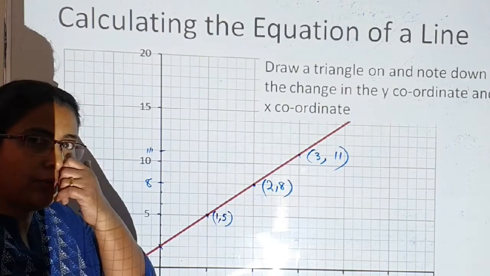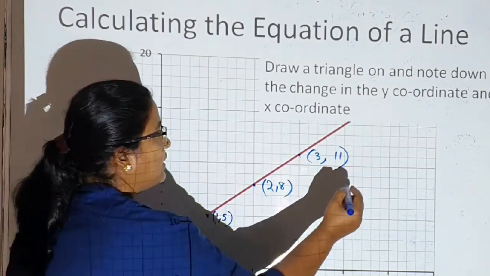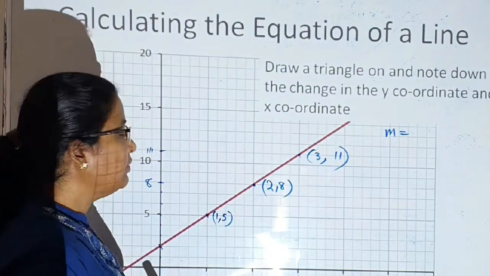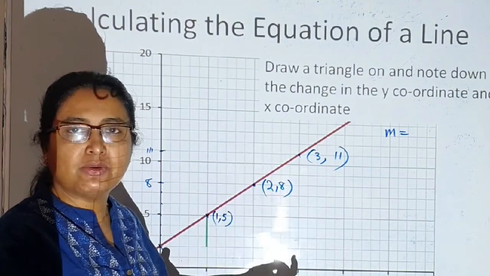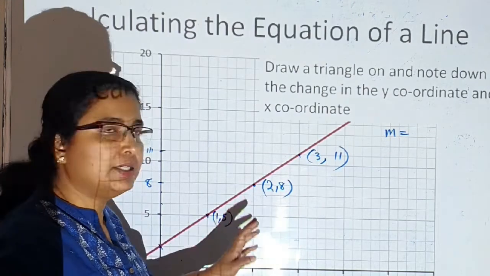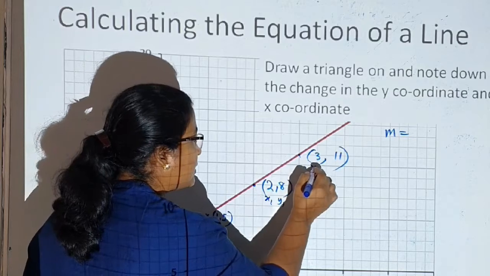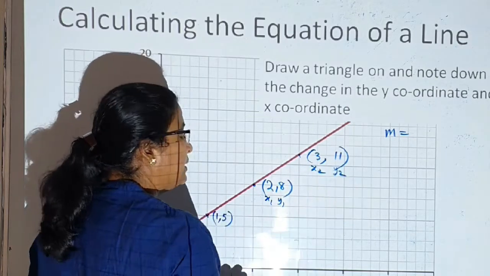The first step, what we have to do? Find the gradient. To find the gradient, if you use the previous method which I explained to you, you can easily do that. Say this is x1, y1 and this is x2, y2.